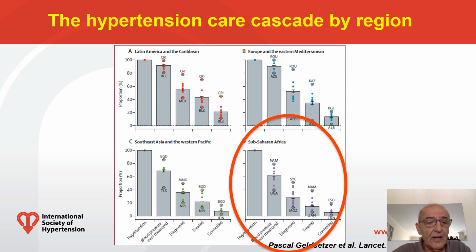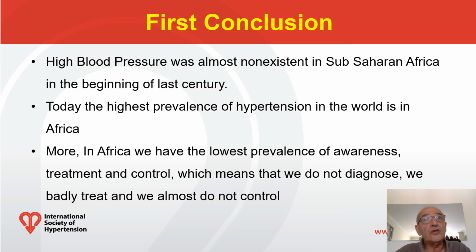So we can now draw the first conclusion of what we said until now: high blood pressure was almost non-existent in Sub-Saharan Africa at the beginning of last century. Today, the highest prevalence of hypertension in the world is in Africa, and more.